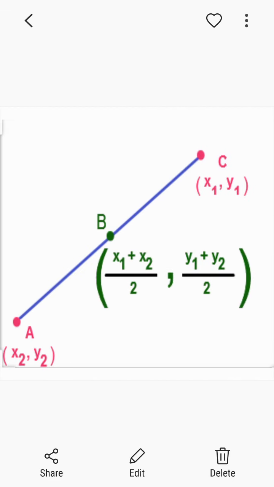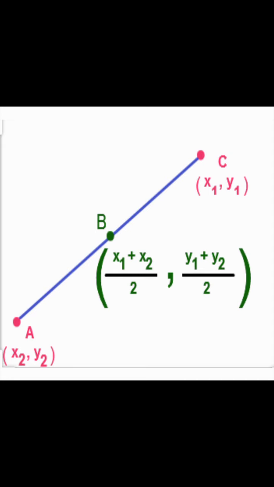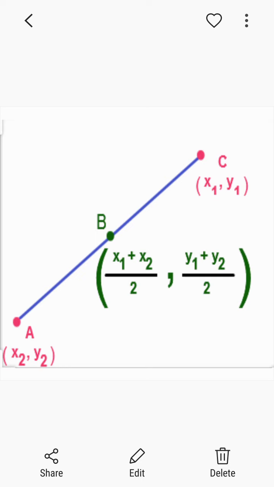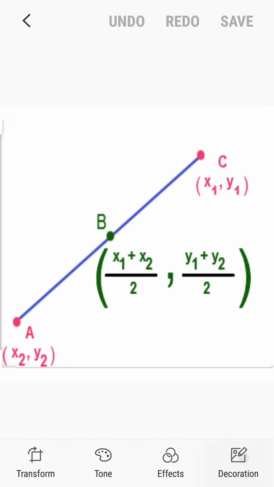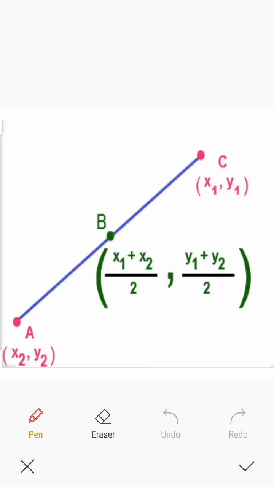See, here C is the point x1, y1 and A is the point x2, y2. So the coordinates of the midpoint of the line segment AC are: x coordinate is x1 plus x2 by 2, y coordinate is y1 plus y2 by 2.